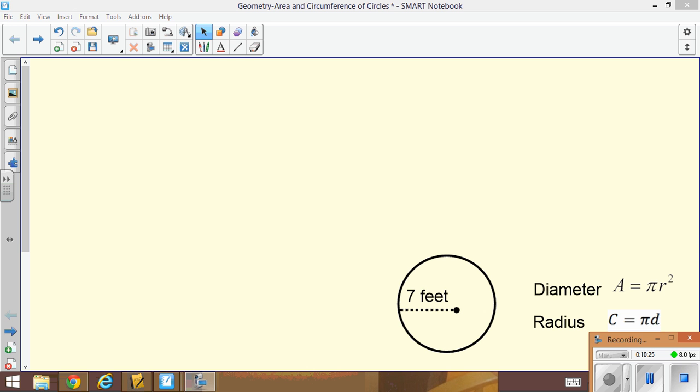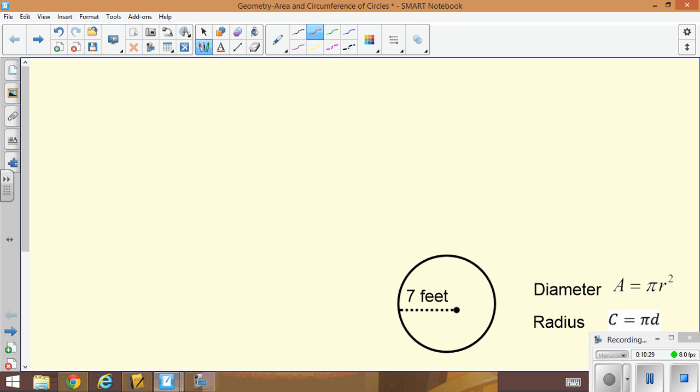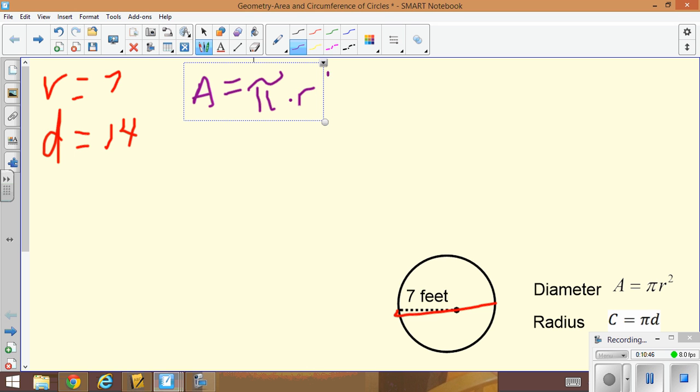And finally, our last example, we have a radius of 7 feet. So that means the diameter is double that. The diameter is the entire line. So twice 7 is 14. So let's start with area. Area equals pi times radius squared.